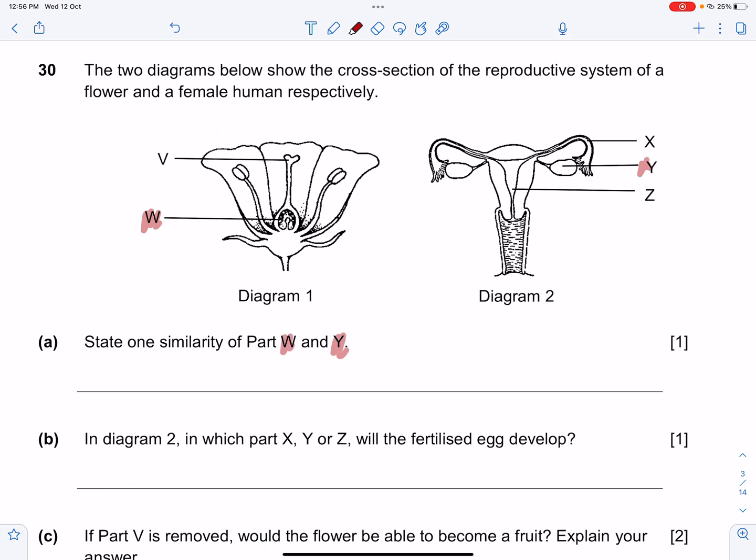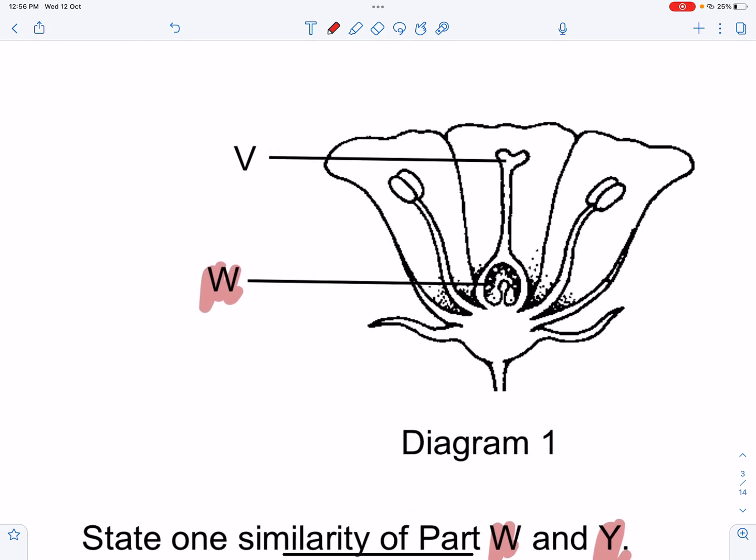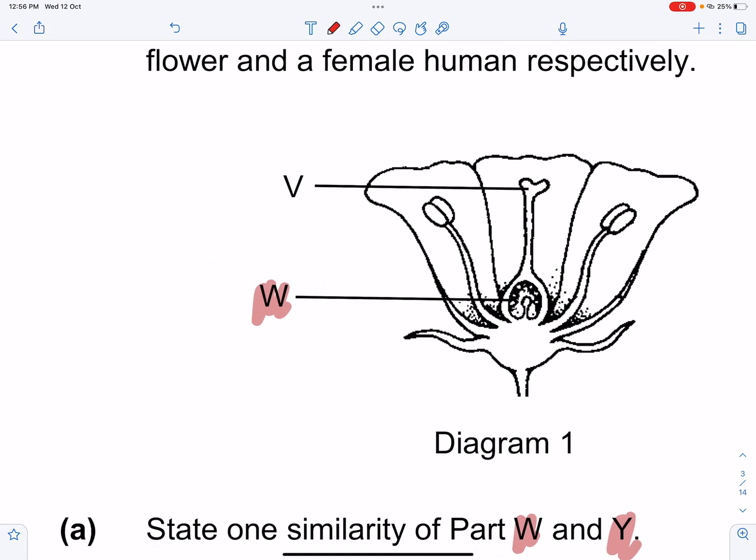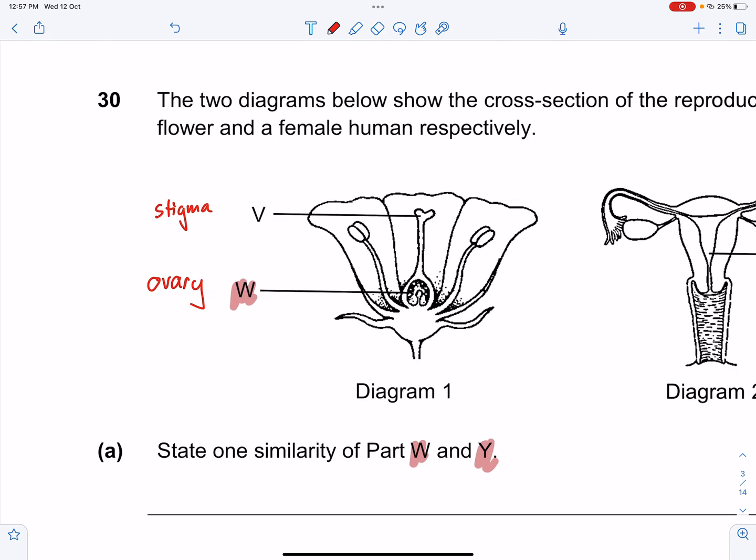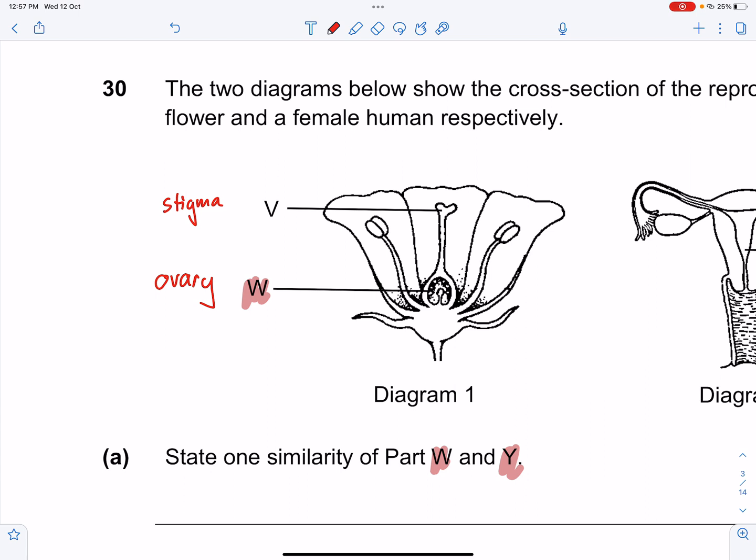So the first thing you should do is a very quick identification to help you better understand. V over here would be your stigma, and W over here would be your ovary. Now I understand that you probably would not be able to see, and most of you will start exclaiming that, oh, the diagram is not shown clearly.